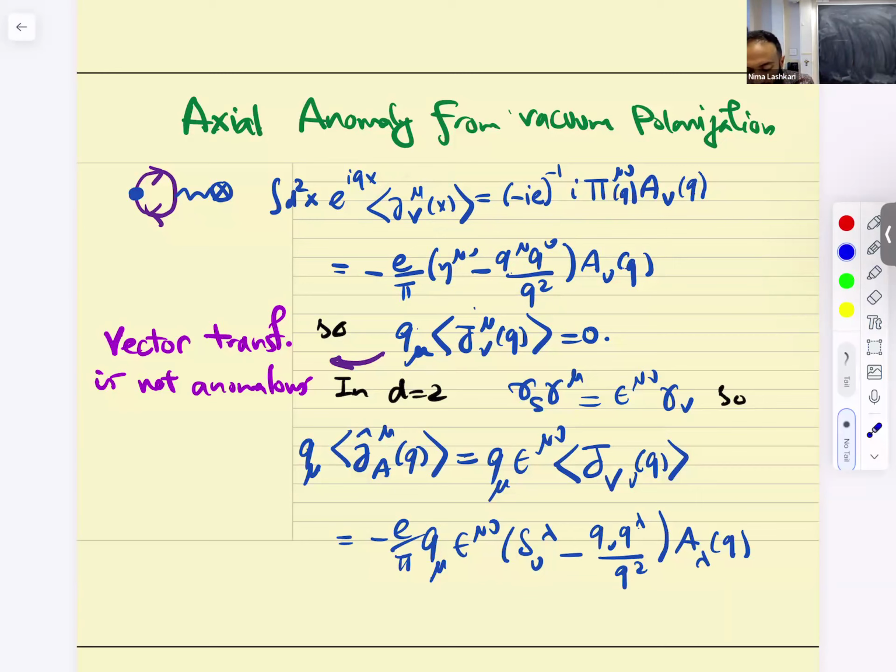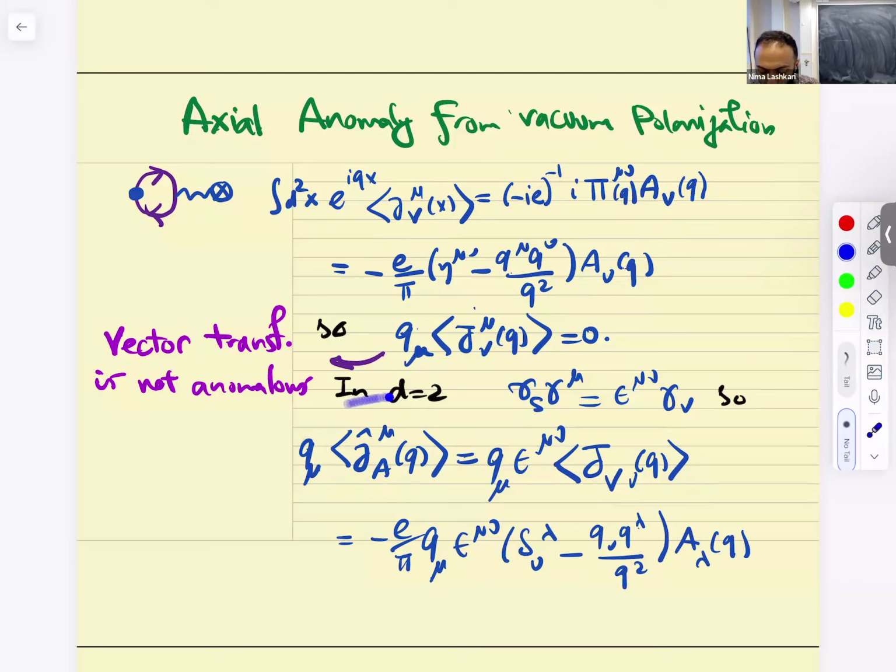Now the axial one in d equals 2 can easily be calculated by recycling the same calculation, using the fact that gamma 5 gamma mu is epsilon mu nu gamma nu. How is this helping? Well, the difference between J V and J mu was really gamma 5 in the middle. So you could package this in this form.